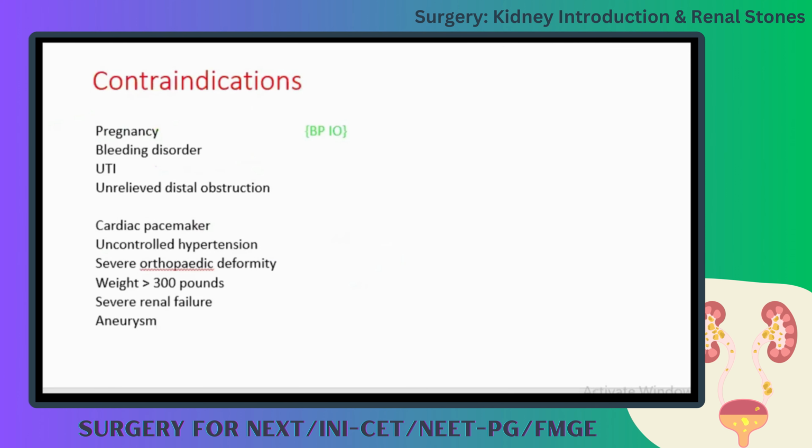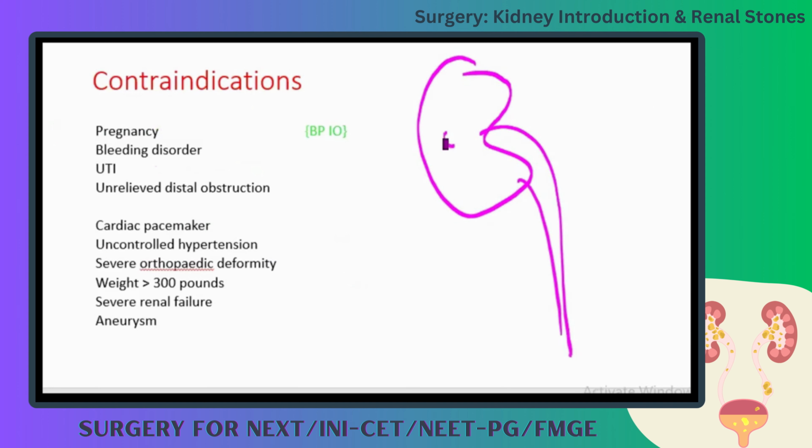So what are the contraindications? Before we go into contraindications, what is the prerequisite? This is the kidney and this is the stone. You fragmented it. What will happen to the fragments? They will be collected in the ureter and go outside. So one prerequisite is that there should be an intact opening, the outlet should be open.